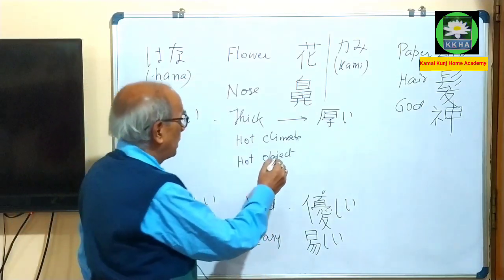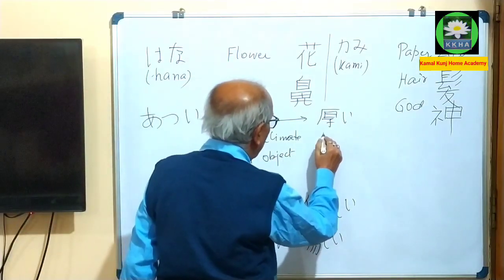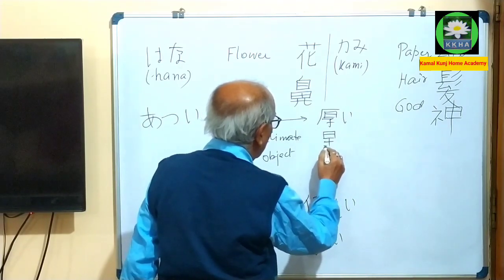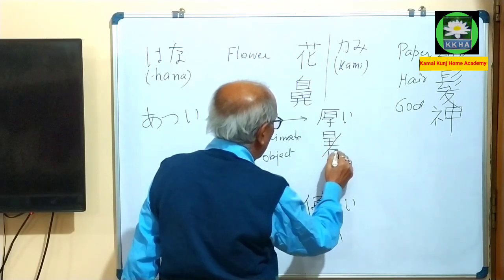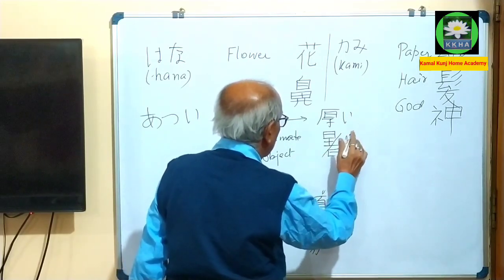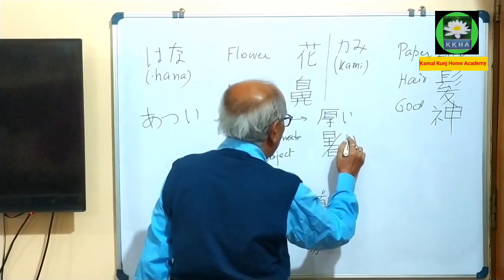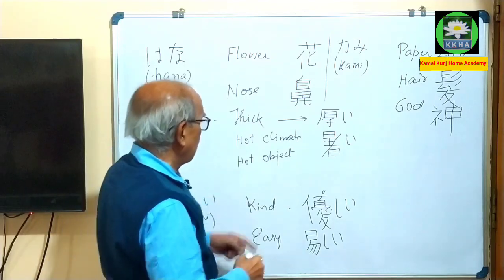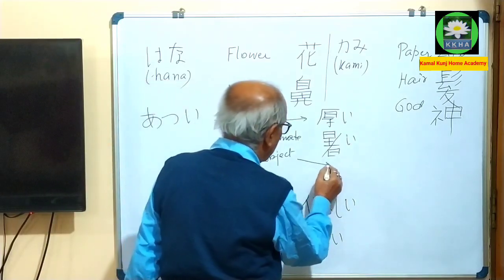Hot climate, kanji for hot climate is this. And hot object, kanji for hot object is this.